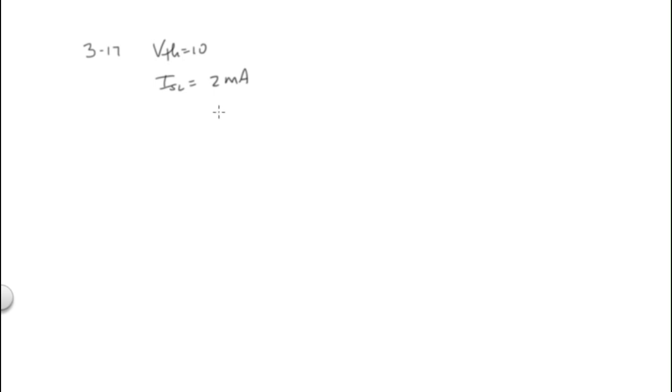Okay, so if I look at this, I've got a circuit like this, right? I've got a resistor up here, and I've got a resistor over here. When it's open circuited, it would be 10, but when it drops to 5, this resistor has to equal this resistor. So if I find this resistor, I know that if this resistor is equal to that, it would drop this output to half.